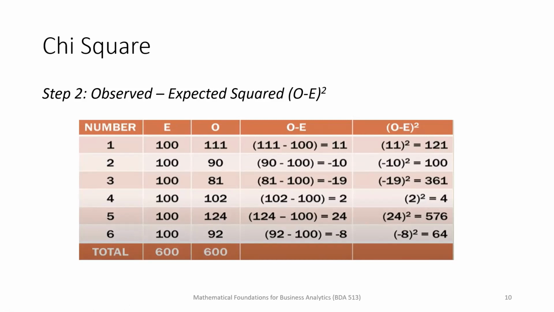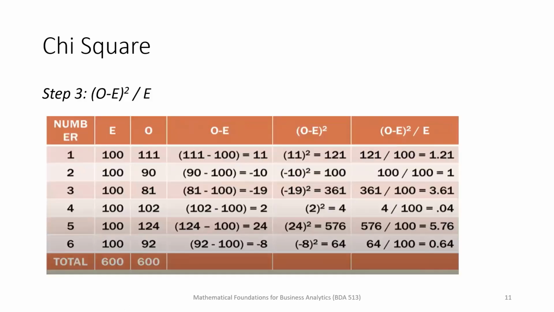Yes, Nana. Okay. Now, after you have done that, in another column, you divide the squared difference by the expected value. The expected value is 100. Remember that the squared difference was 121 for the first number.